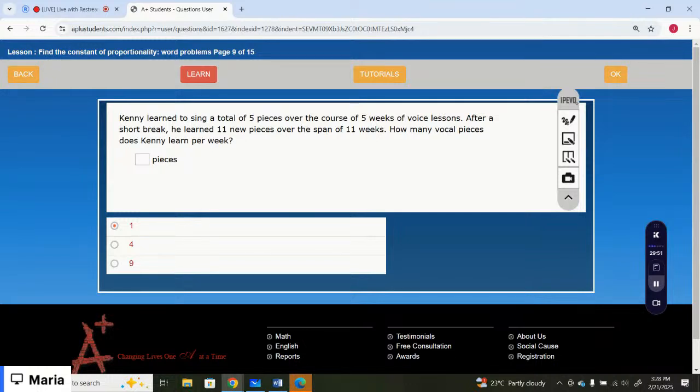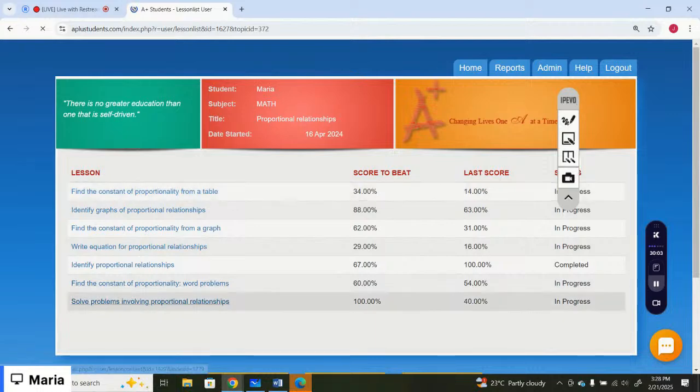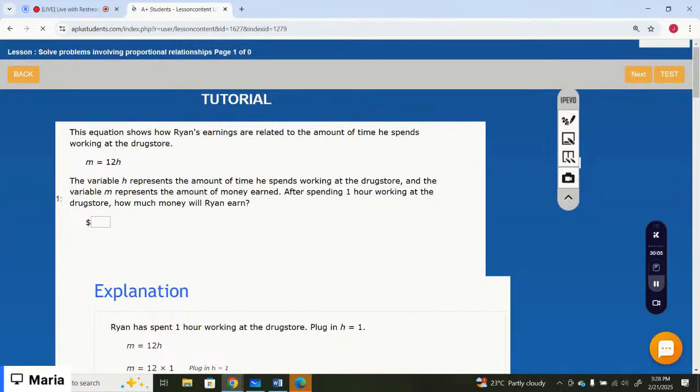Okay, you can complete the lesson by yourself later today. Let me just move on to the next lesson. Solve problems involving proportional relationships. Let's just start with the test questions.